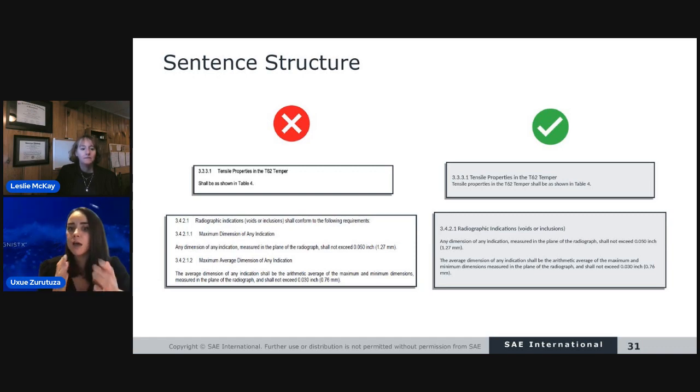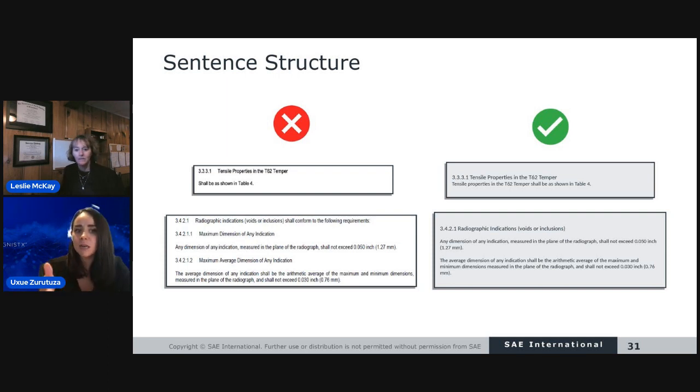So we should avoid doing this type of thing because, as Leslie mentioned before, the way we digitize is by splitting information into more granular pieces or entities. Those pieces need to have full meaning by themselves. And here the recommendation, on the right, is to just repeat the information in the sentence so that the requirement has complete meaning by itself.